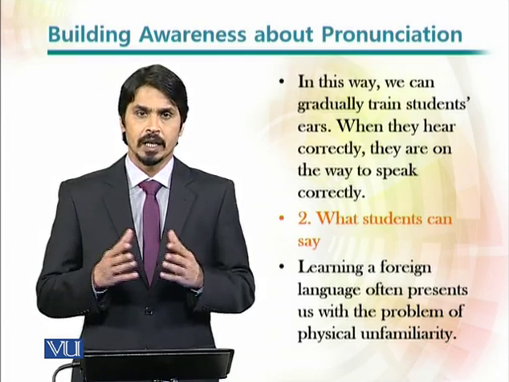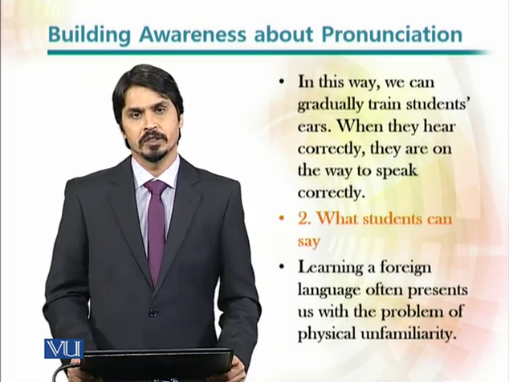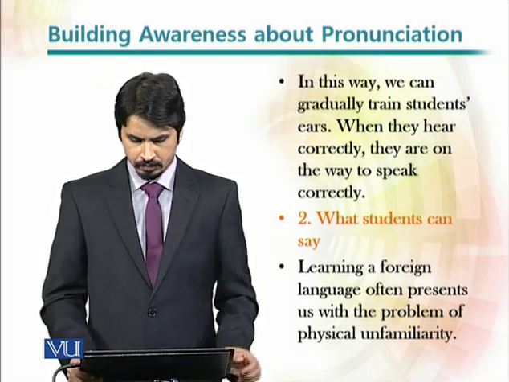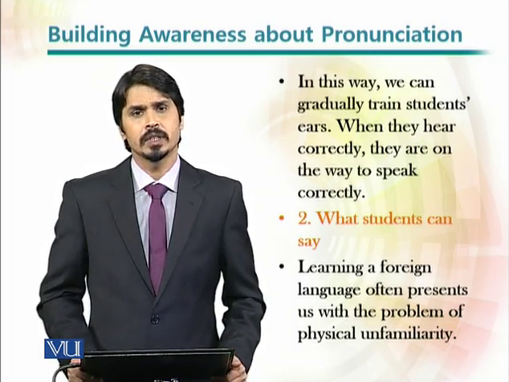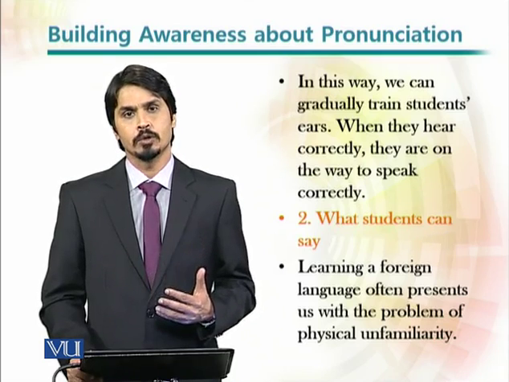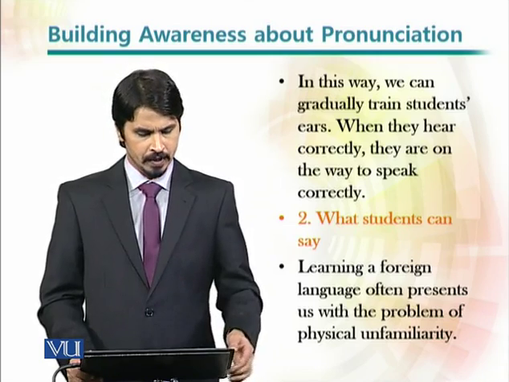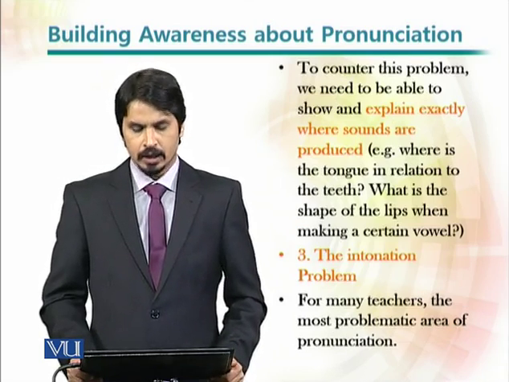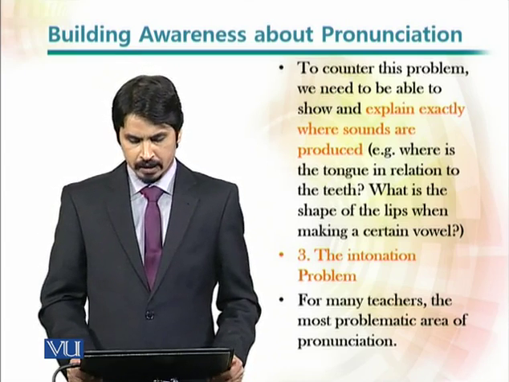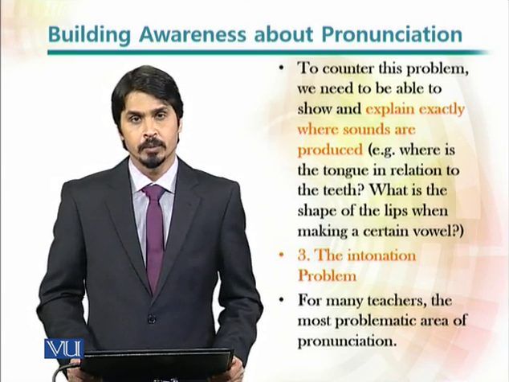Another problem or challenge in second language pronunciation teaching could be what students say. And there is always an element of unfamiliarity with the sounds of a second language, especially when it comes to pronouncing them. In this regard, we can explain to our students about the sounds, and we can also explain where those sounds are produced in the human body.